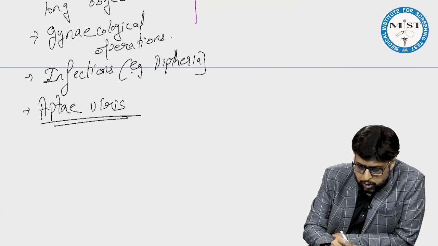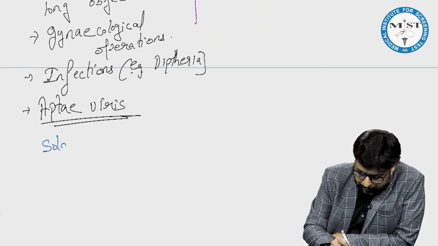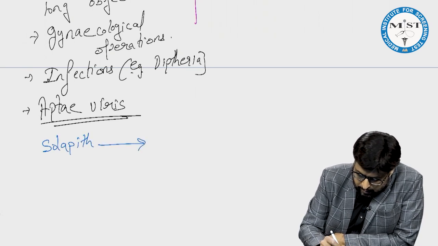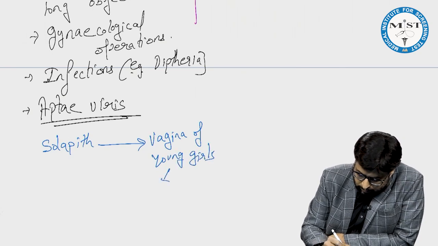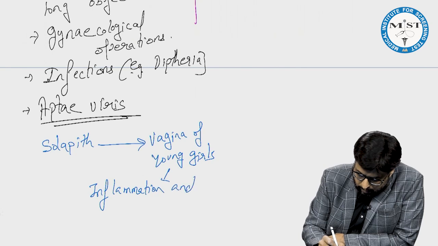An inflammatory stone called solapith is deliberately inserted into the vagina of young girls. It causes inflammation and rupture of hymen.